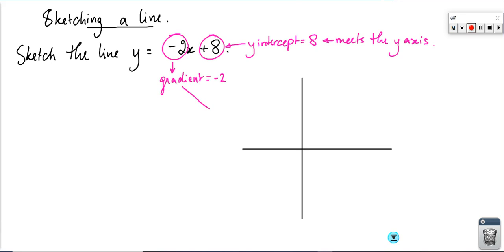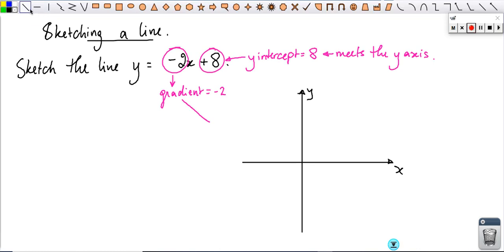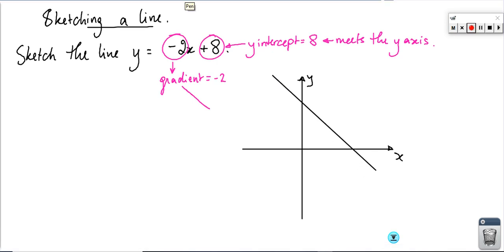I have a set of x's, x and y, and the line is going to pass through 8 on the positive y-axis, going down. I know that this is 8. I know that this is the line y equals minus 2x plus 8.